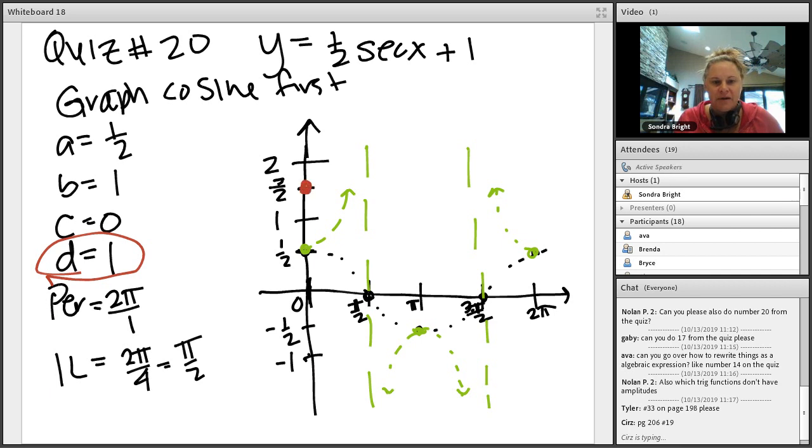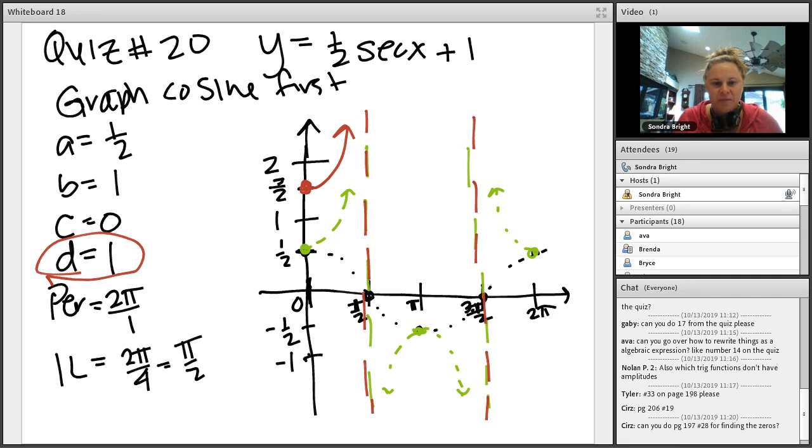Your asymptote stays the same when it gets shifted up. So does this one. And then -1/2 plus 1 will be +1/2, so it'll be here and going down like that.